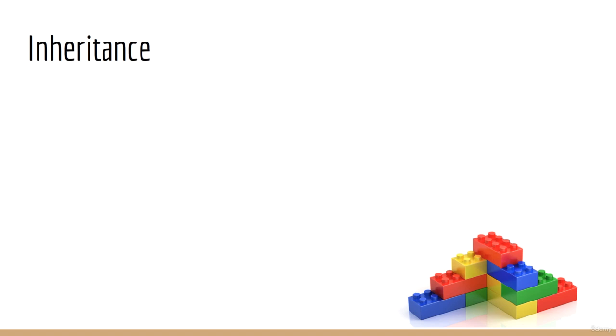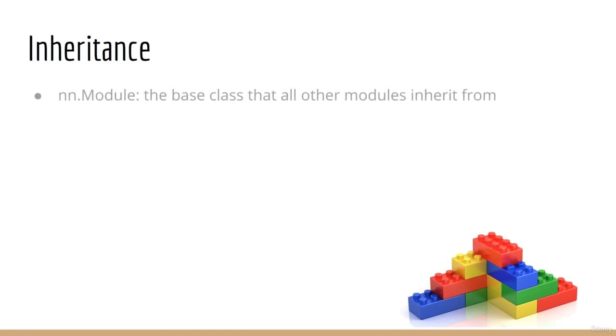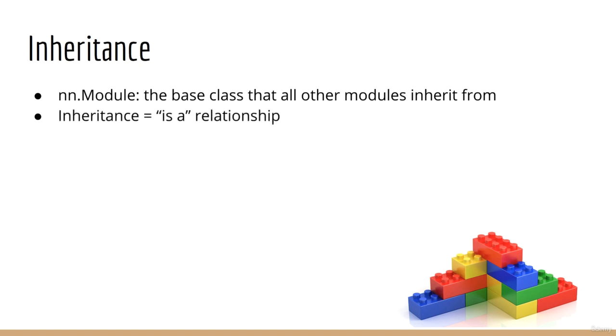Let's now talk about the concept of inheritance. PyTorch models are all based on modules, and I've probably used that word a few times throughout the course without really explaining what they are. Well, a module is the base class that all other modules inherit from. Inheritance implies an is-a relationship. For example, the linear module, which is the first one we saw in this course, inherits from the module class.